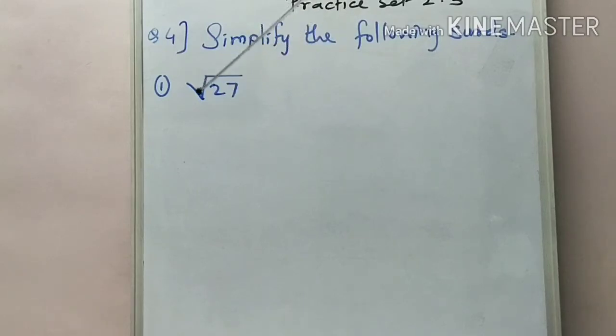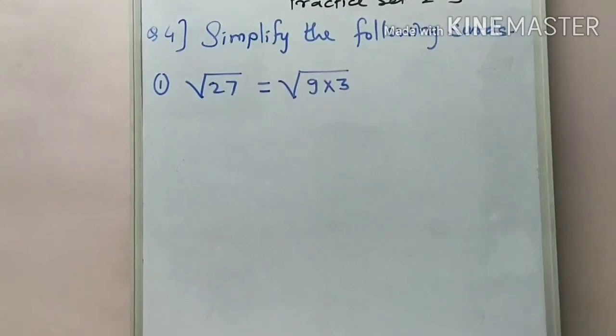We have to factorize the radicand, the value of a, which is 27 here, in such a way that one factor gives us a perfect square, because here we have the square root of 27. As we know, we can factorize 27 as 9 into 3.